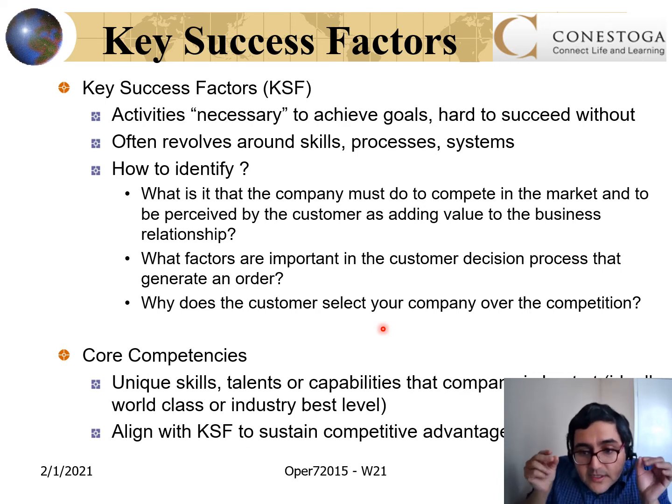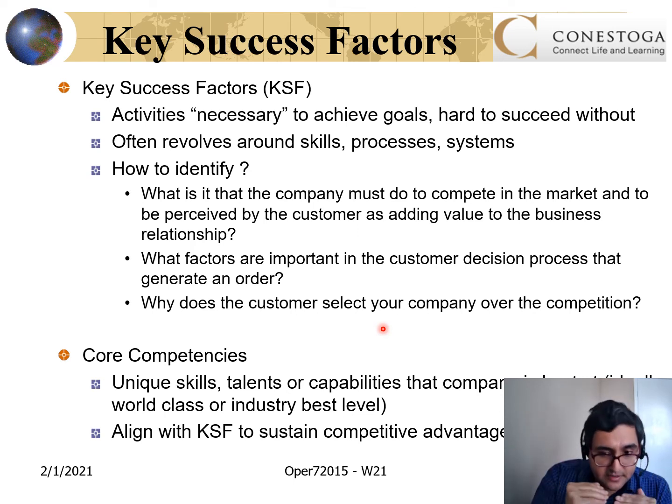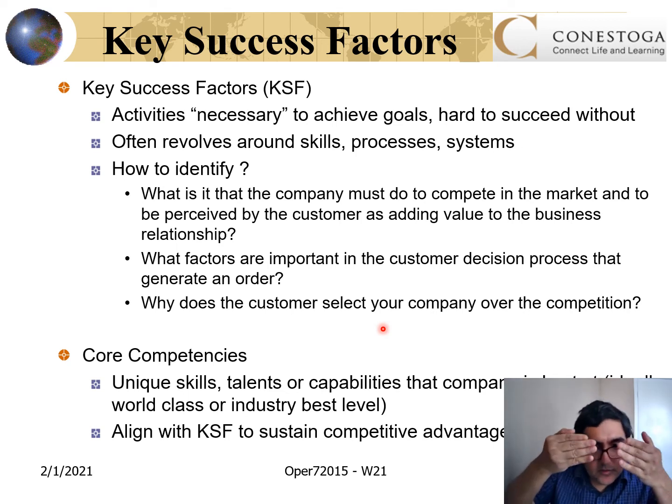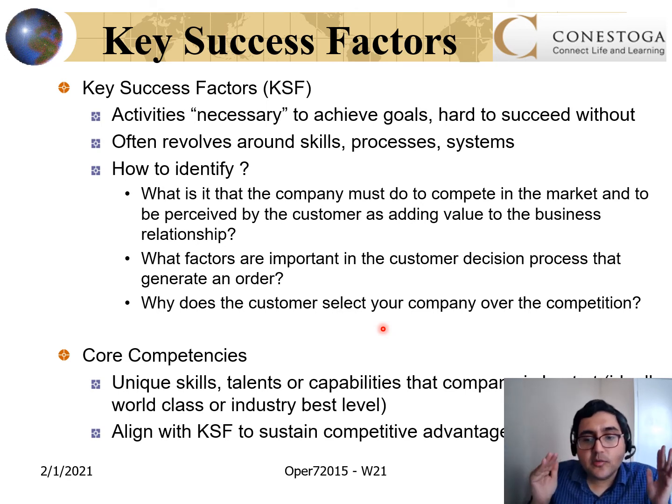Now, once you understand the key success factor, you try to develop the competencies within your organization to match that. What it means is, if you're a company like Apple, your focus is to create newer products. So let's go one step back. If you want to create newer products, you need to have intellectual manpower.